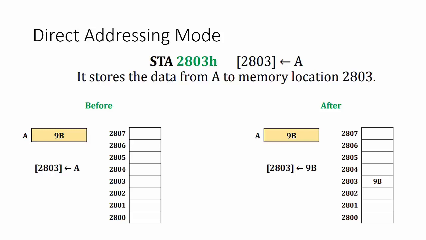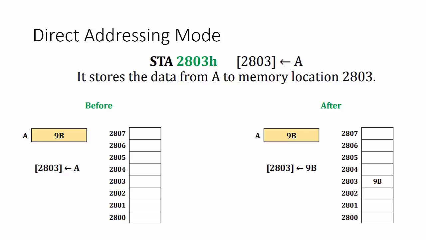Here we can say that memory is empty. Whatever contents are present in the accumulator register, we want to store into the main memory. We want to store on the defined address, which we defined in the instruction, that is 2803H.